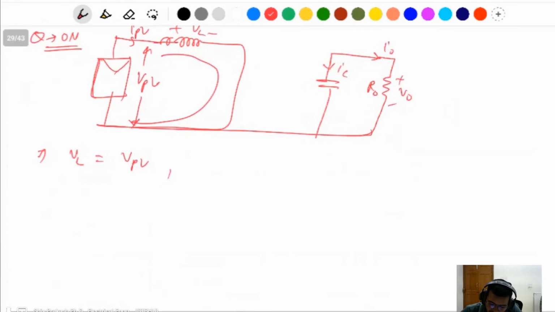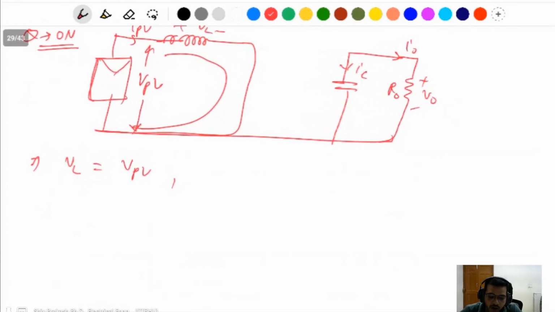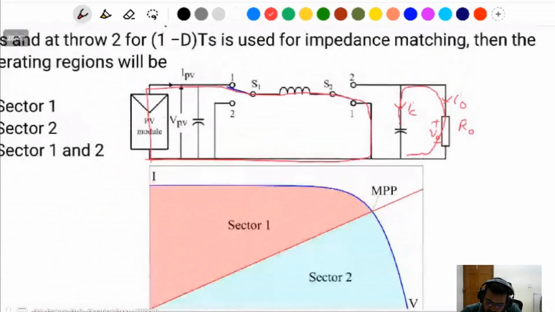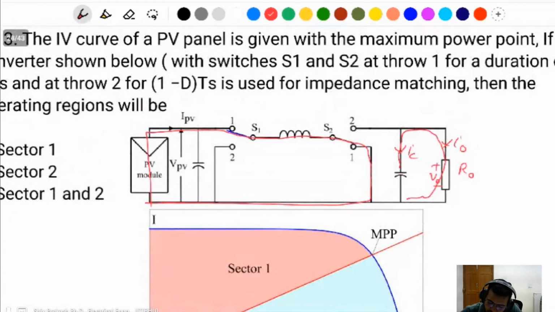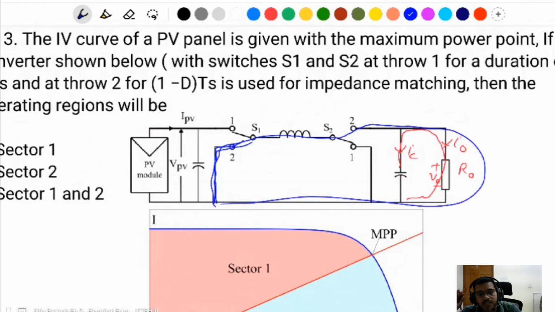When the switch is off, it means at position 2. In this circuit, if the switch is at position 2, the input side will be discontinued, and this current will flow like that. It means the inductor supplies power to the load.